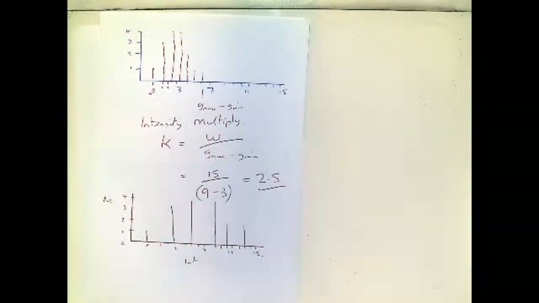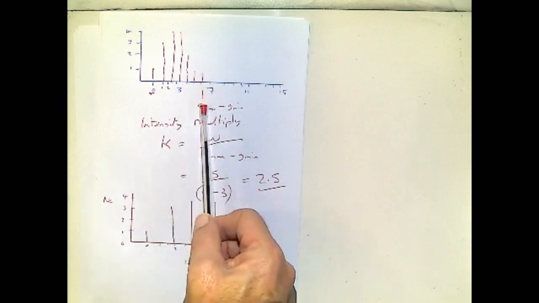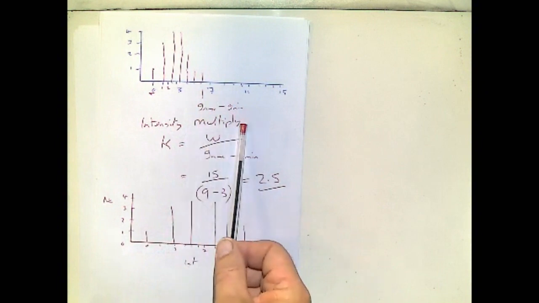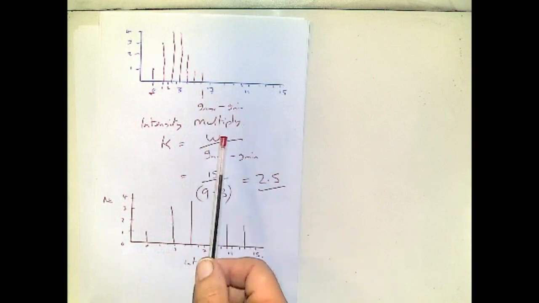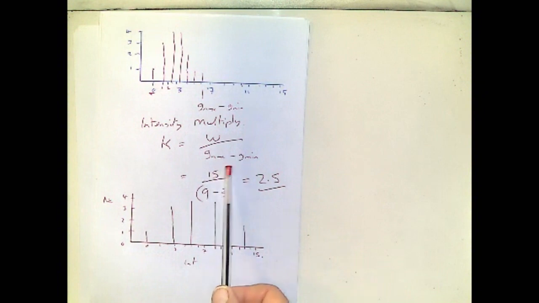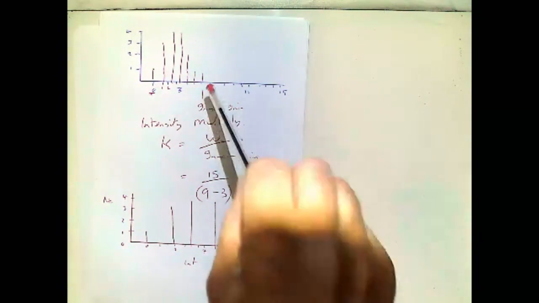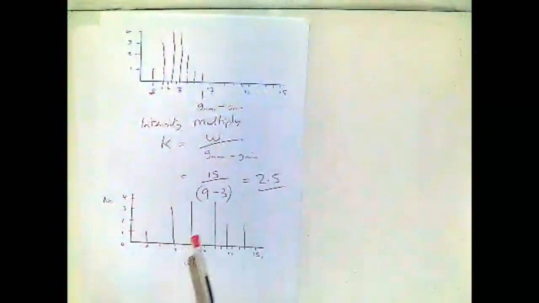There's 2 there. And if we've got everything right, the brightest pixel in the shifted histogram was G max minus G min. We are multiplying by W divided by G max minus G min, so the G's should cancel out and we should get W if we're lucky. Right, it was intensity 6. 6 times 2.5 is 15.